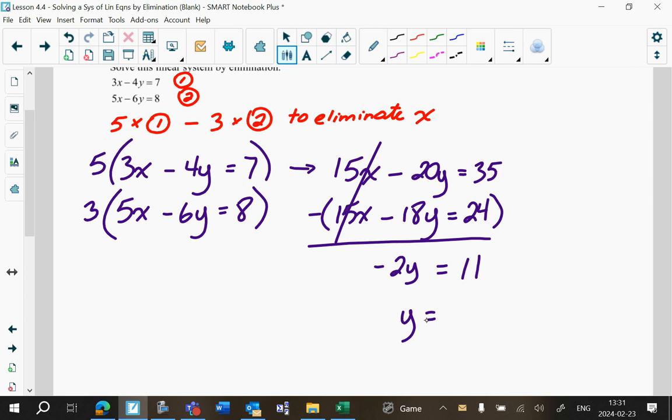Okay, this time we got a fraction, but that's okay, because when we plug it back in, the fraction is going to disappear when we calculate x. So our next step is to sub negative 11 over 2 for y into one of the originals.